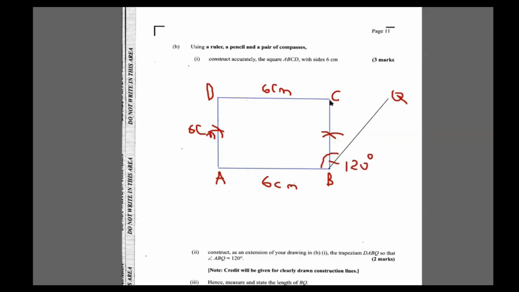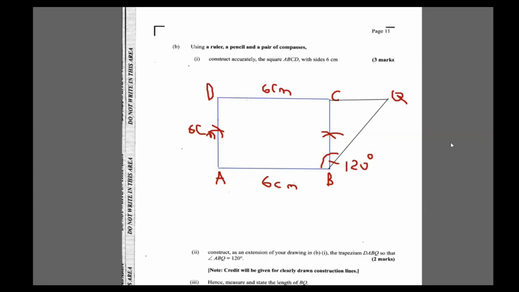And then you construct the rest of your line going across here. That's it, DCQ. And you have your trapezium, the DABQ, your trapezium.